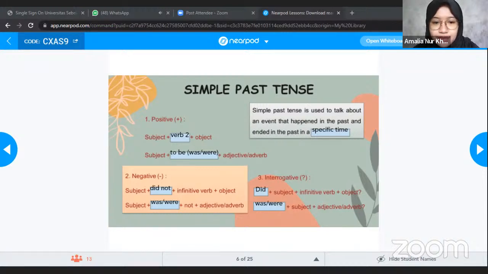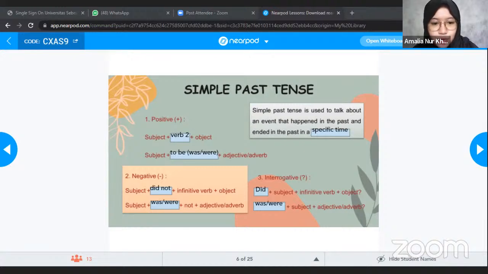Then we have the negative sentence, with the verbal sentence consisting of subject plus did not plus infinitive verb plus object. While the nominal sentence consists of subject plus was or were plus not plus adjective or adverb.